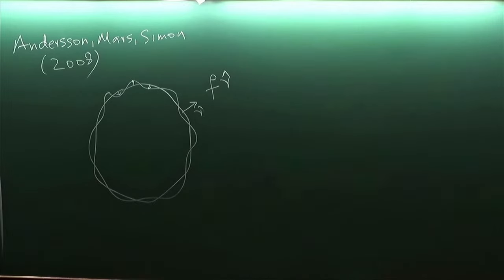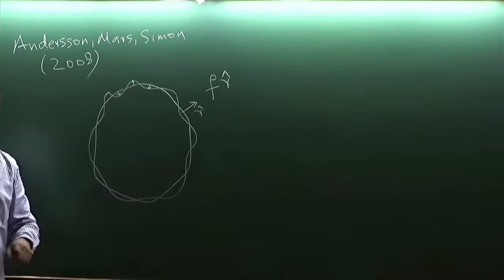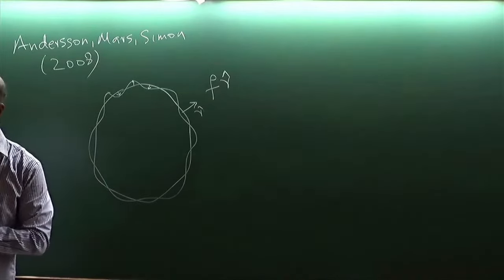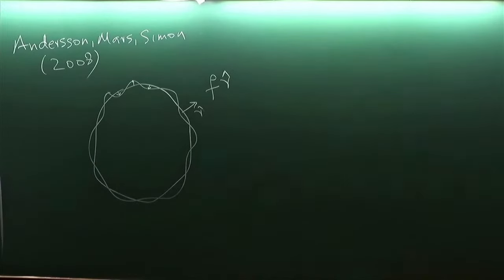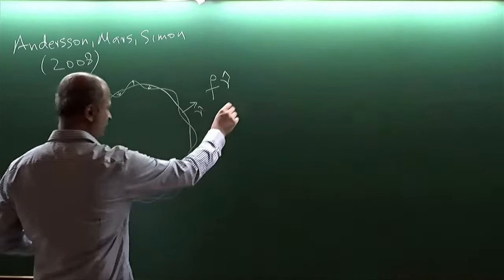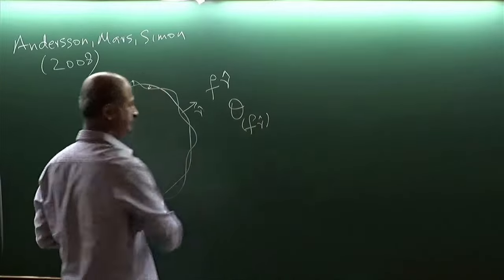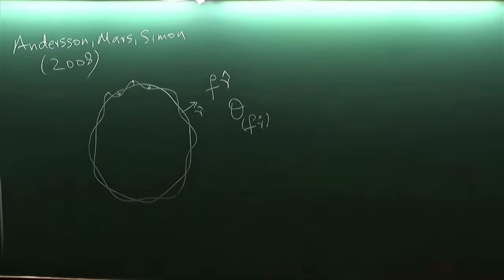Now the condition is that for the original surface, shown in white, the expansion should be 0. Then the question becomes, what is the expansion of the deformed surface? I write that quantity as theta of f times r, the expansion of the same null normal, except now for the deformed surface, which is parameterized by f times r.